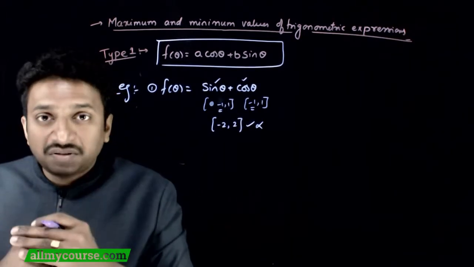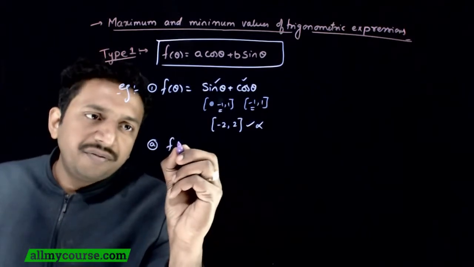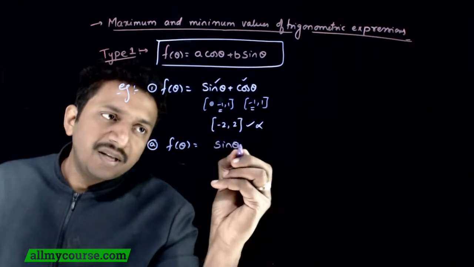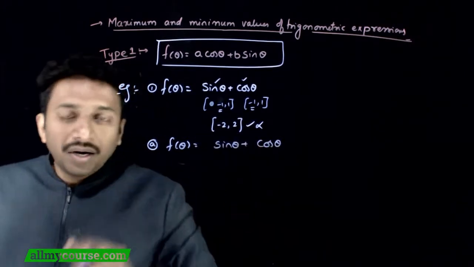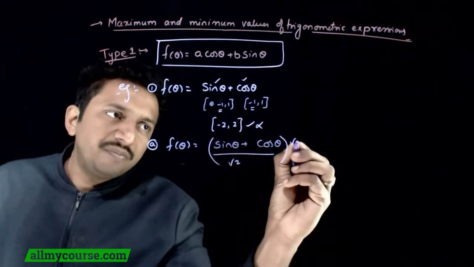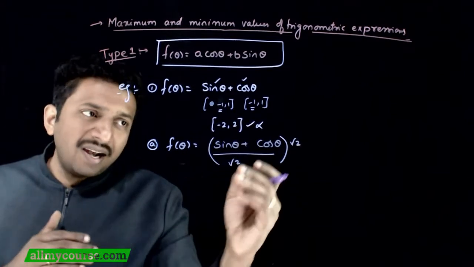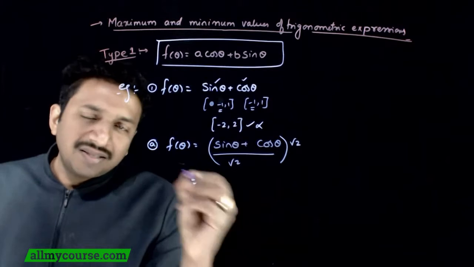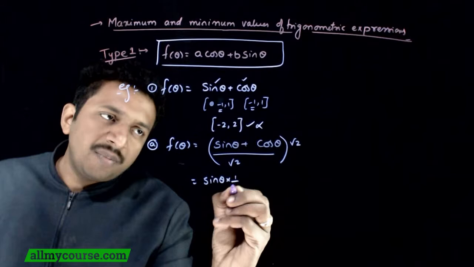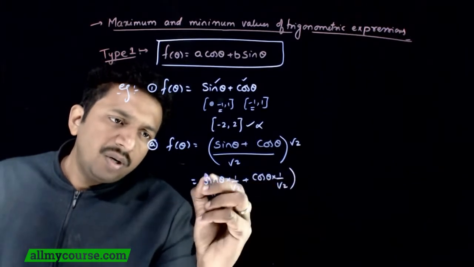Now how do we deal with this? One way, a very intuitive way: f of theta is equal to sin theta plus cos theta. I'll divide this by √2 and multiply by √2. Let us see why we are doing this afterwards. So that is equal to sin theta times 1 by √2 plus cos theta times 1 by √2, all times √2.